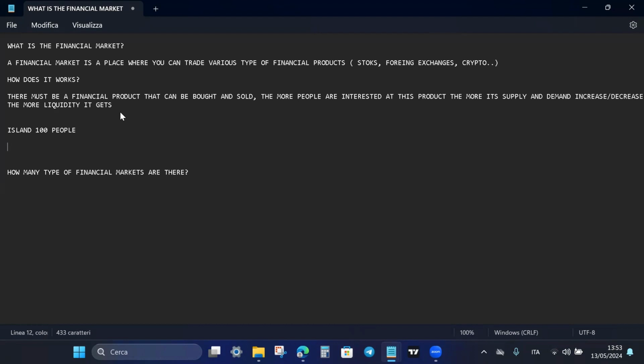Let's say in the whole island there is only one fish. How much will that fish cost? It will cost at least $1 million, at least, because there is only one fish that has to be divided among 100 people. So there is a low supply and a lot of demand, causing the price to increase.